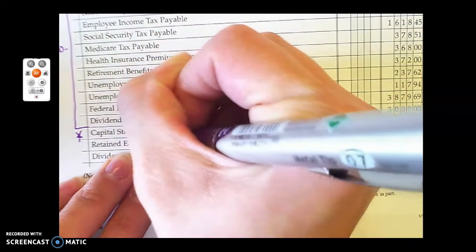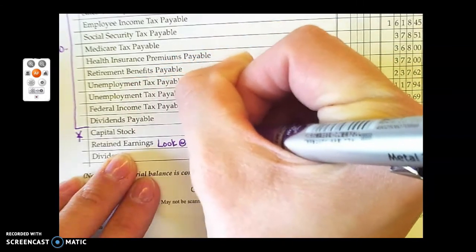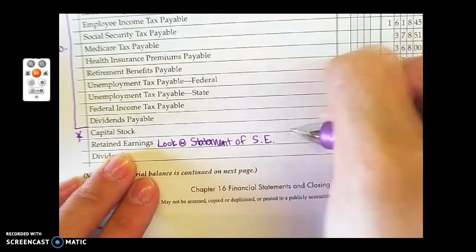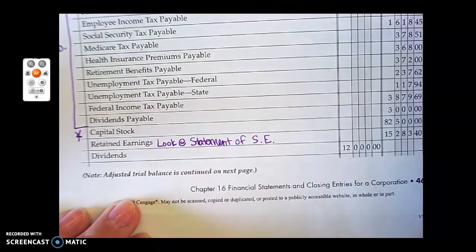We need to look at your statement of stockholders' equity. I'm going to start abbreviating there. So when you make your balance sheet, do not take this retained earnings amount. Make sure you take that from your statement of stockholders' equity.